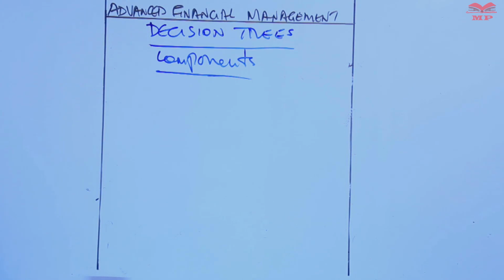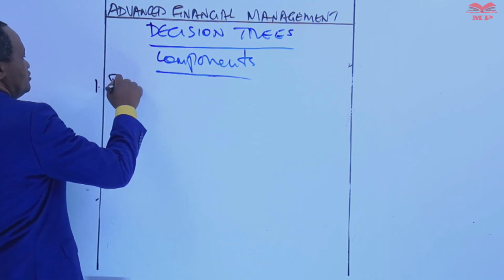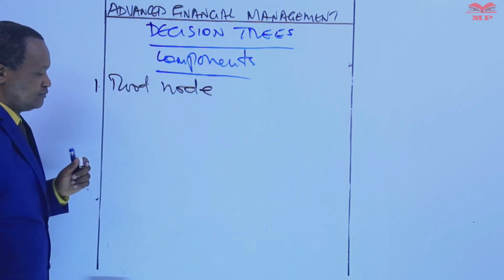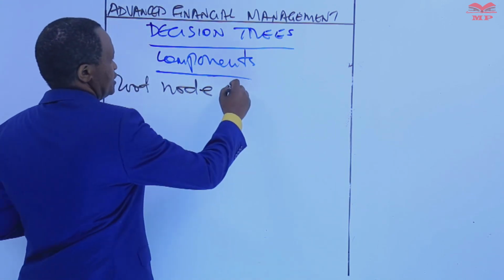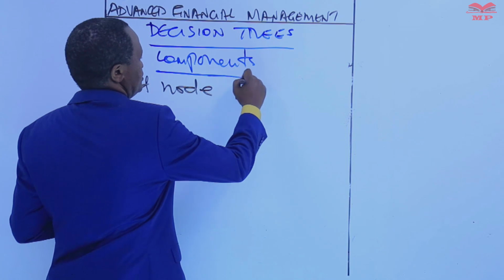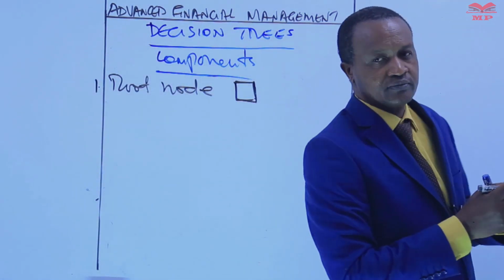The first one is a root node. Take that shape. That's the shape of a node.